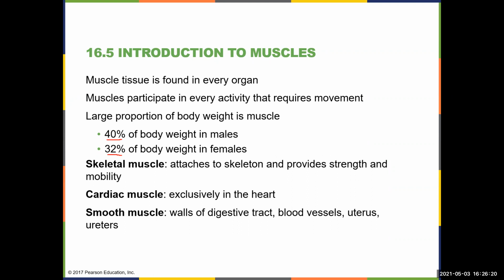Now, everybody has three types of muscle. You have skeletal muscle, cardiac muscle, and smooth muscle. Okay. Skeletal muscle is muscle that you voluntarily move. So you have conscious movement over that muscle. And it attaches to our skeletal structures and helps to provide us with strength and mobility and movement.